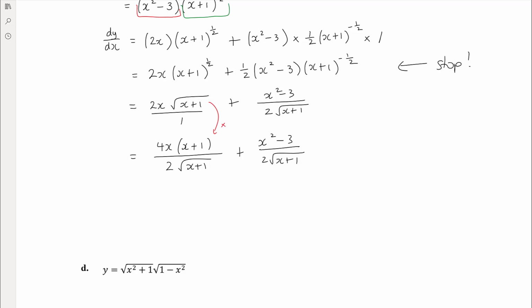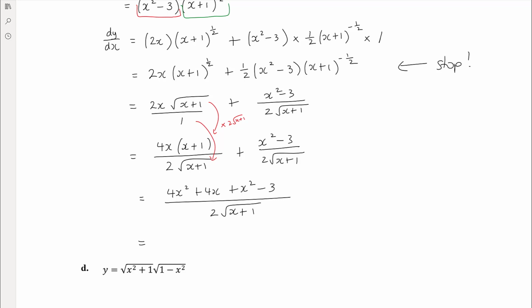We've multiplied by 2 lots of square root of x plus 1, and we've done the same to the denominator. Okay. So now we've got a common denominator, we can combine them together. Let's expand out the numerator of the first fraction as well. So we've got 4x squared plus 4x, adding that with the second fraction, x squared minus 3, and we've got all of that over 2 times square root of x plus 1.